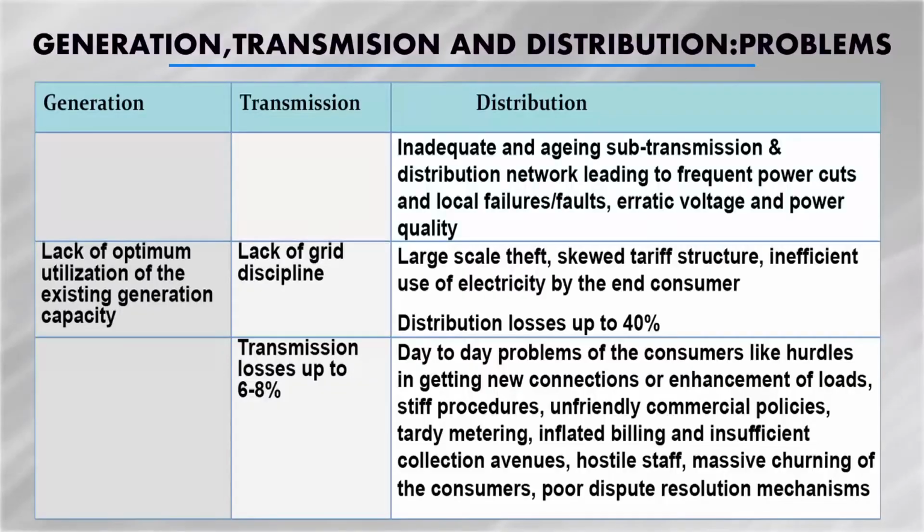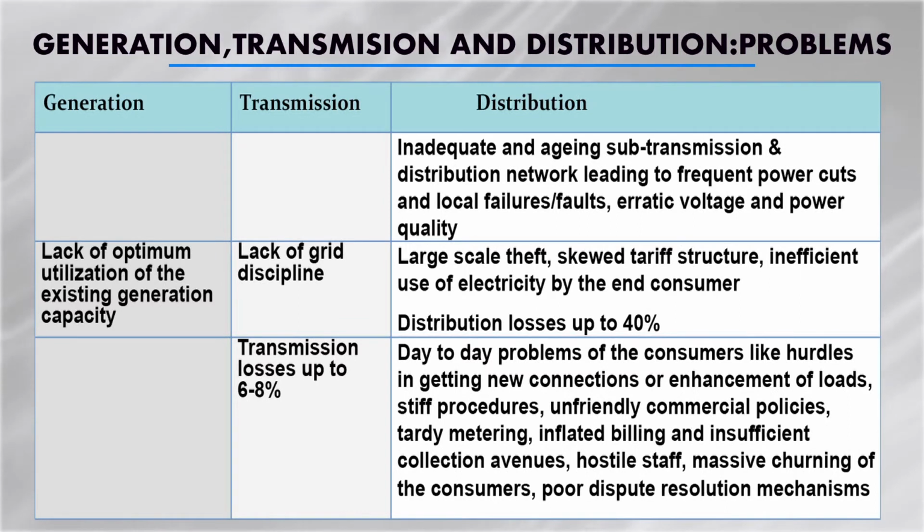There are load centers which continuously interact with the grid. Then proper scheduling is necessary. So lack of grid discipline or poor grid management can also be one of the problems in the transmission network.